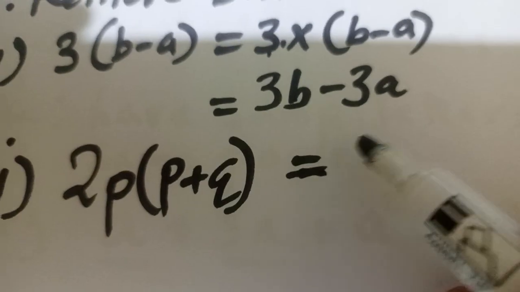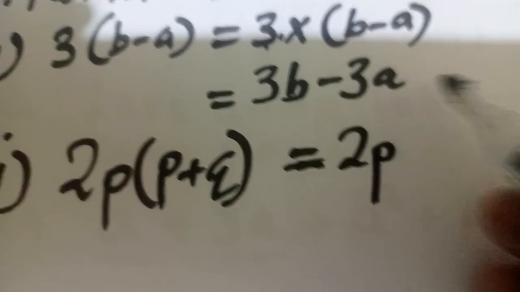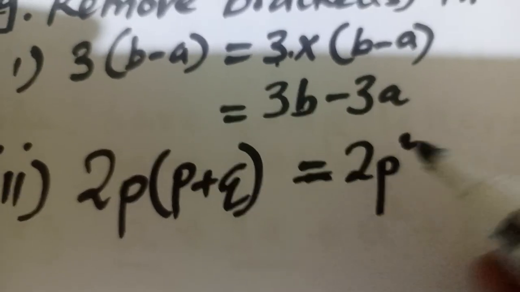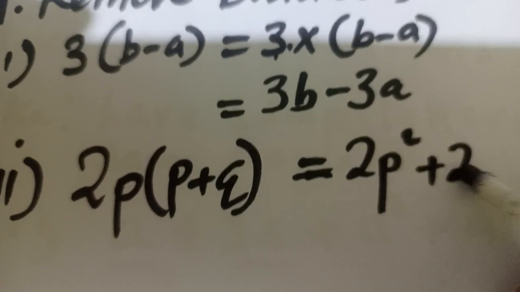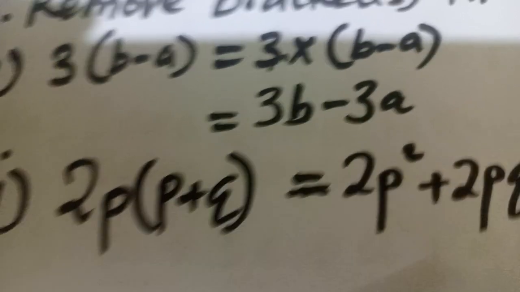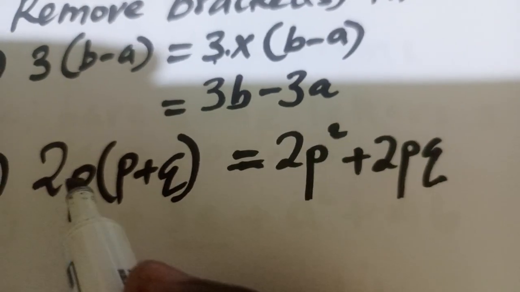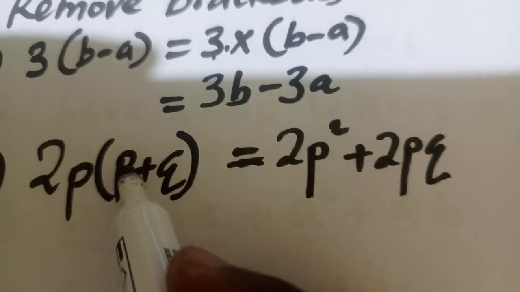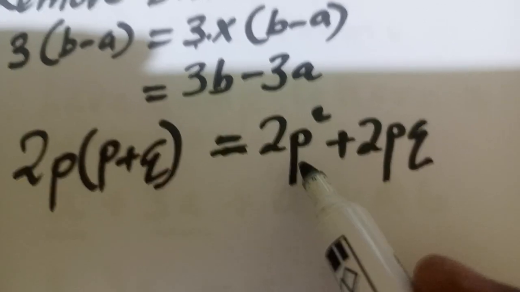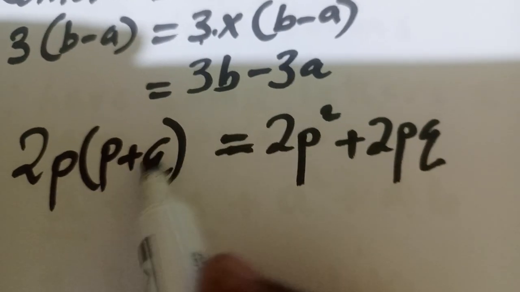So here we'll have 2p squared and then plus 2pq. Remember, we have 2p multiply p to get p squared, and then the same 2p times q gives 2pq.